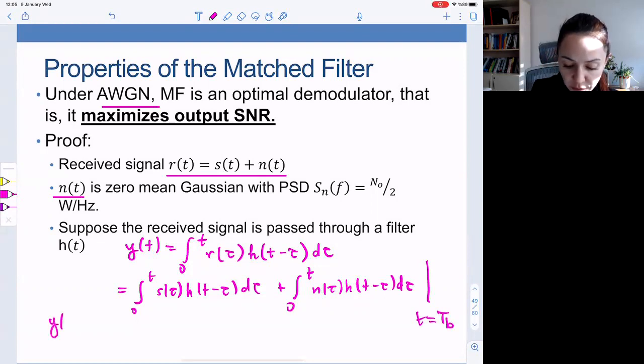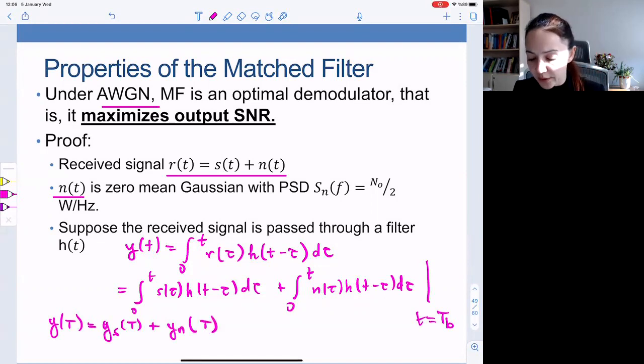We find y of t equals, I'm not going to write the integral again, let's call this ys of t plus yn of t, where yn of t corresponds to the result of this integration.